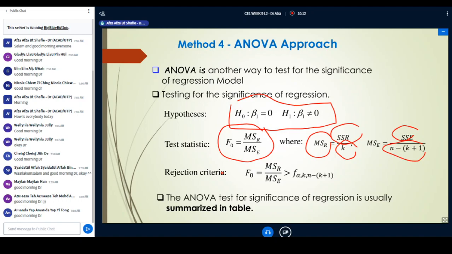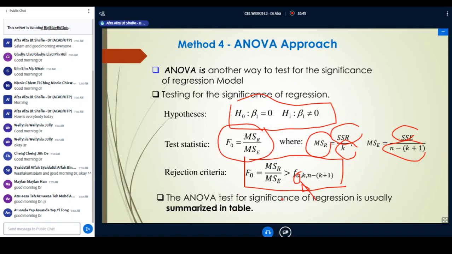And what will be the rejection criteria? So the rejection criteria will be this. Okay, even if you don't write the not point, it's fine. So F is equal to this ratio, and we look at the value of F alpha, K, N minus (K plus 1). So remember this alpha, we do not divide that by 2 because of the fact that the ANOVA is always positive.